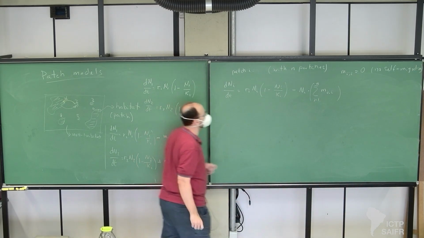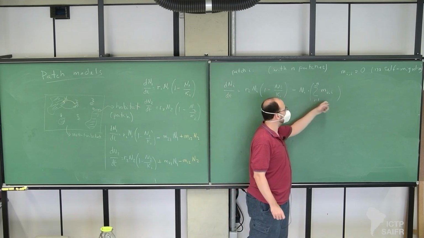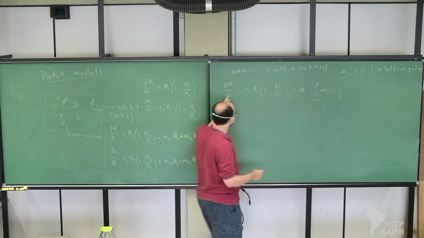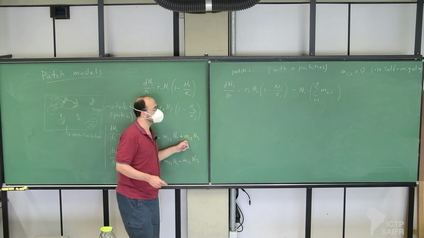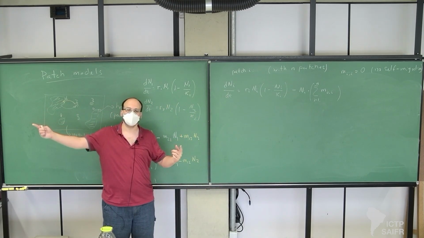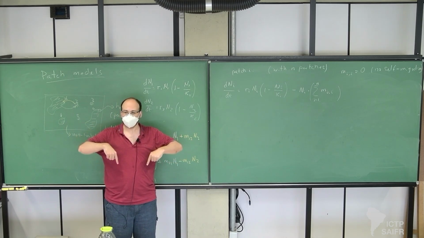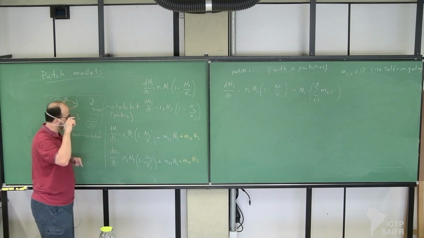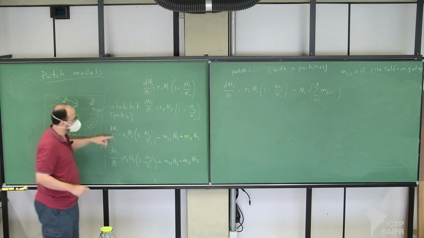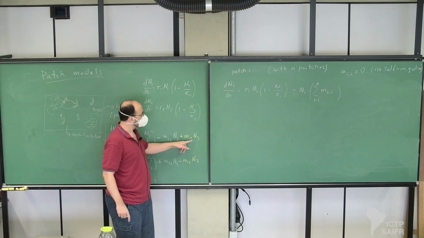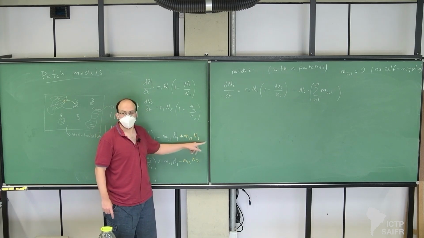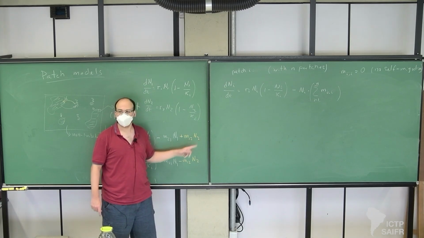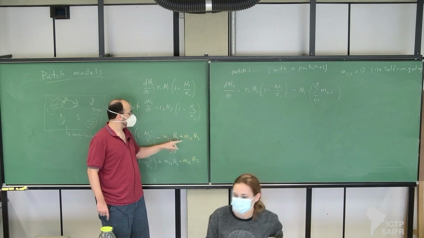We have here accounted for all of the population leaving patch i, and now I have to introduce the positive terms, all the population from all the other patches arriving at patch i. So, for instance, for patch 1 I have n_12 N_2. For patch 3, it would be n_13 N_3 and n_14 N_4. So I have n_ij N_j, right?